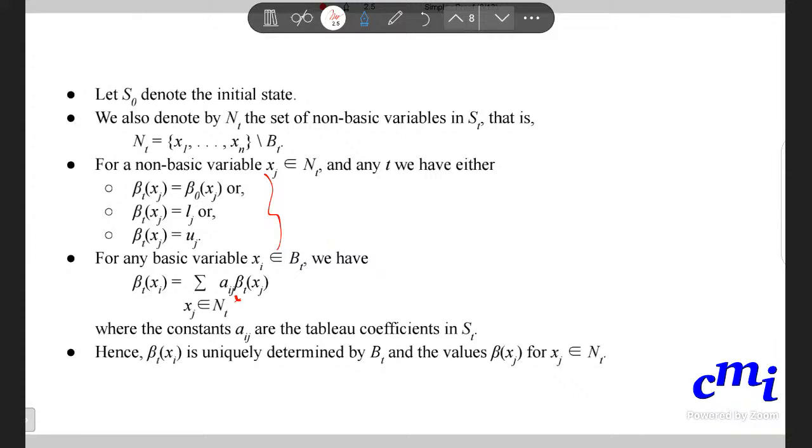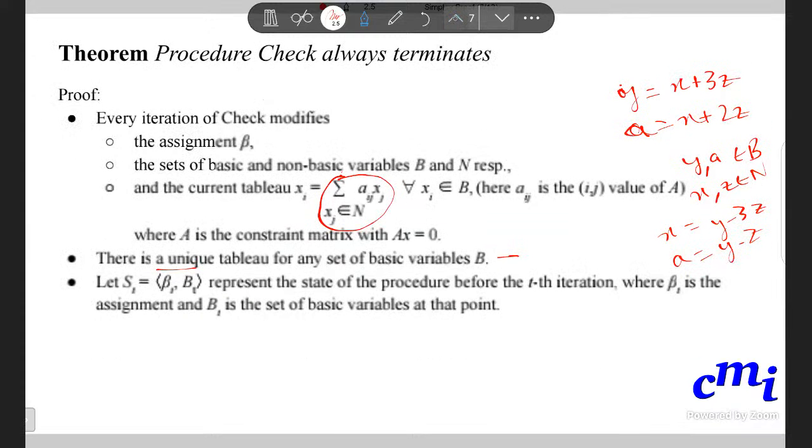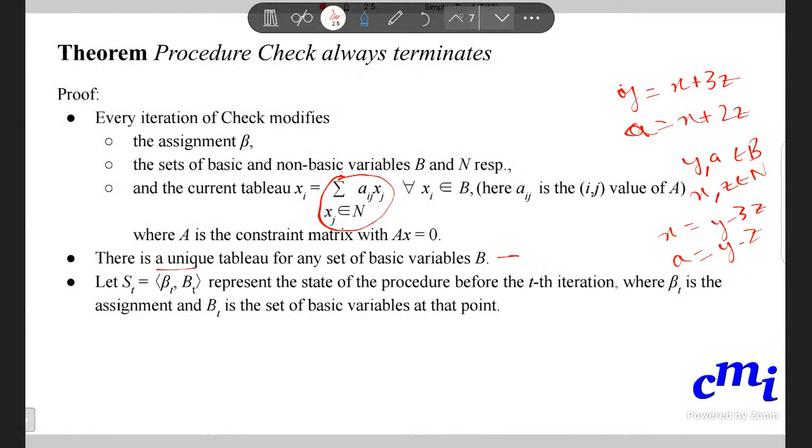And you've shown that you first replaced the variables and wrote a tableau in terms of non-basic variables, and then showed that it is unique. Yeah, so for a set of basic variables it is unique. That is what I had here, right? Yeah, so there is a unique tableau for any set of basic variables B. This is what this explanation was for.